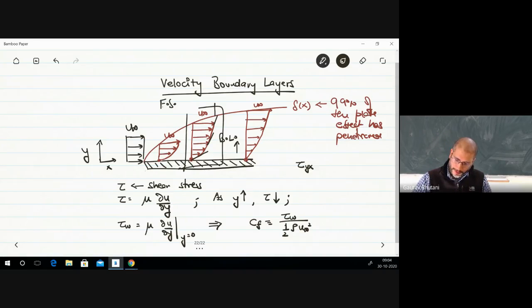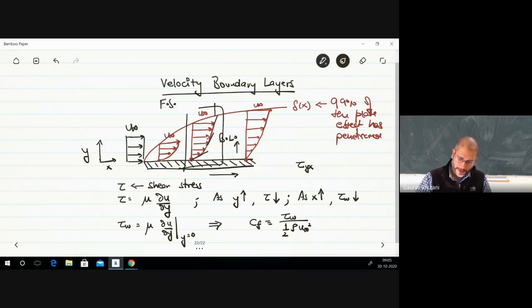Okay. Then another thing that we see is as my x increases, that is, as I go from left to right, then my wall shear stress decreases. So wall shear stress, remember, is mu times del u by del y at the surface.